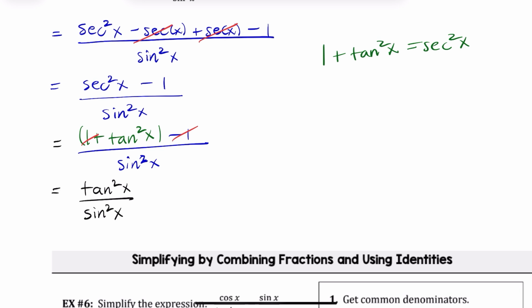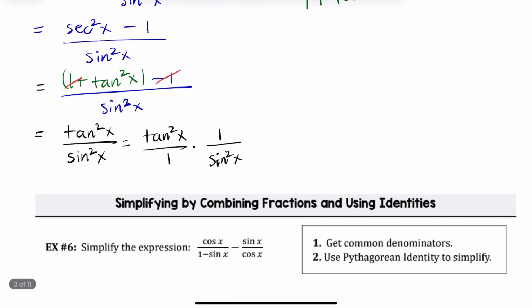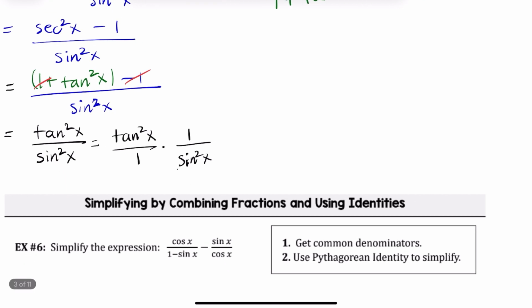Now we know that tangent is just sine over cosine, so I'm going to write this a different way: tangent squared x over 1, times 1 over sine squared x. Because dividing by something is the same thing as multiplying by the reciprocal. So dividing by sine squared is the same as multiplying by the reciprocal of sine squared.